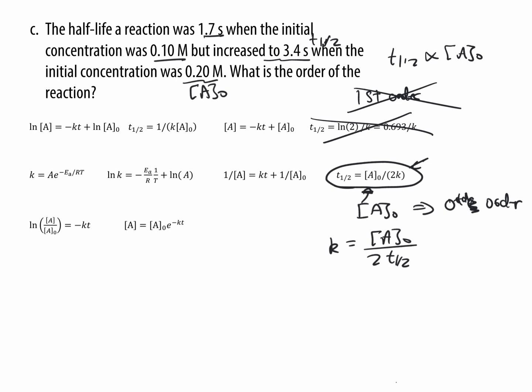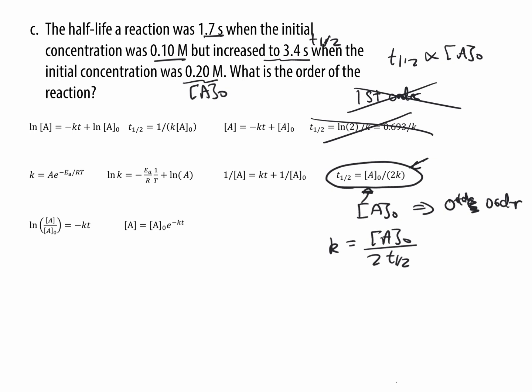Another thing you could do is think about it in reverse. Right here, if I think about it the other way, at 0.2, the first half-life, if this was a process versus time, the first half-life would be 3.4. But then once I cut my concentration in half to 0.1, my half-life is now 1.7 seconds.